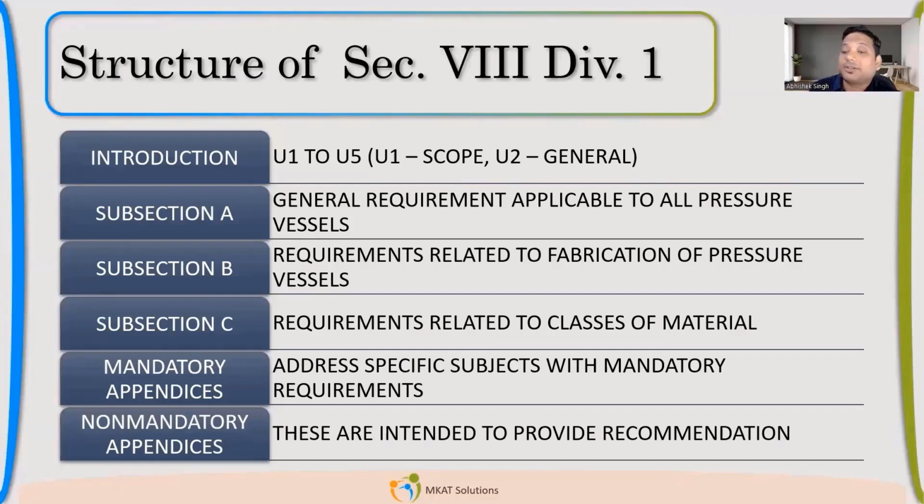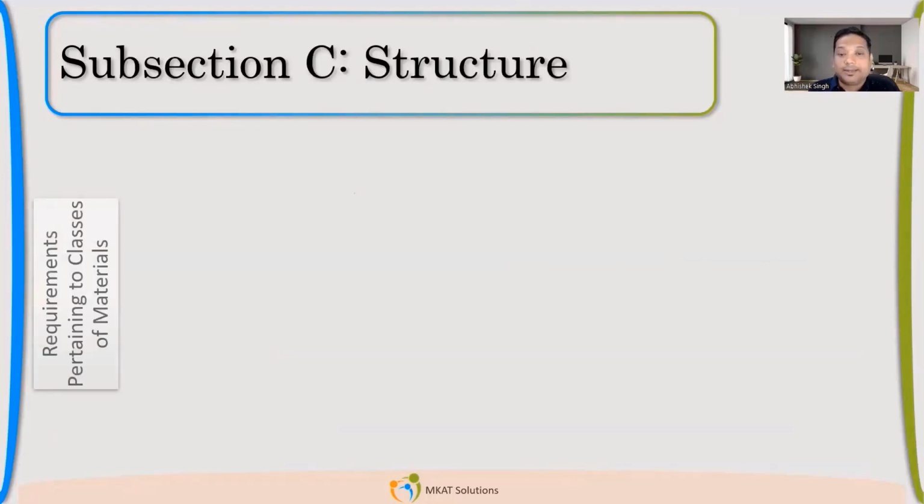If you have taken that calculation from somewhere else, people may question why not the non-mandatory appendix, which is already the recommendation by ASME, why you are not following that. So even though it's just a recommendation, for us as a designer, a quality person or a fabrication engineer, it becomes a mandatory requirement. Great.